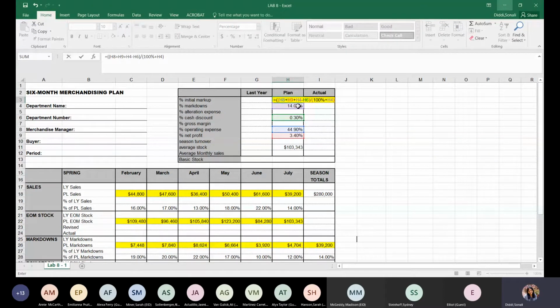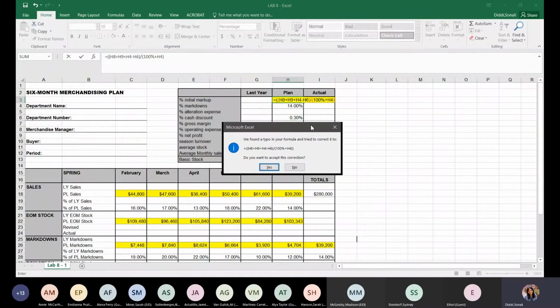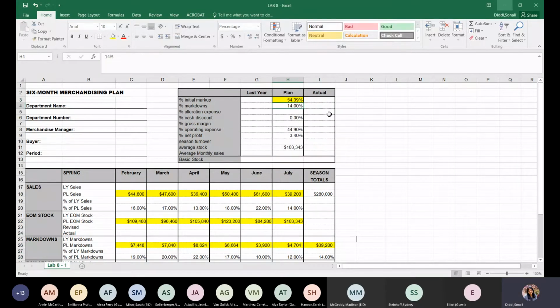So profit plus expenses is gross margin plus retail reductions. In this case, it is just the markdowns minus cash discounts divided by 100% plus retail reductions. In this case, it is just the markdowns. We're supposed to close the parentheses as well. Let me know if you all got till here.